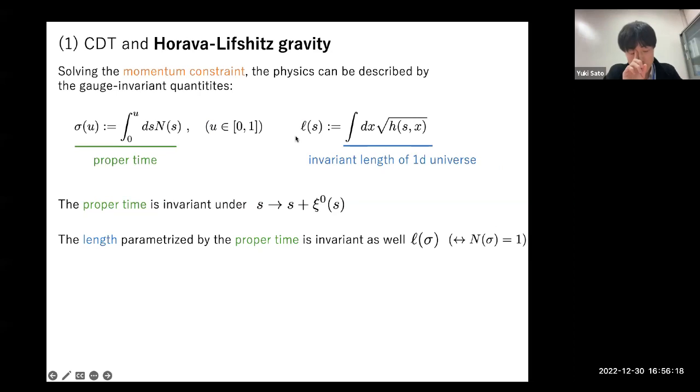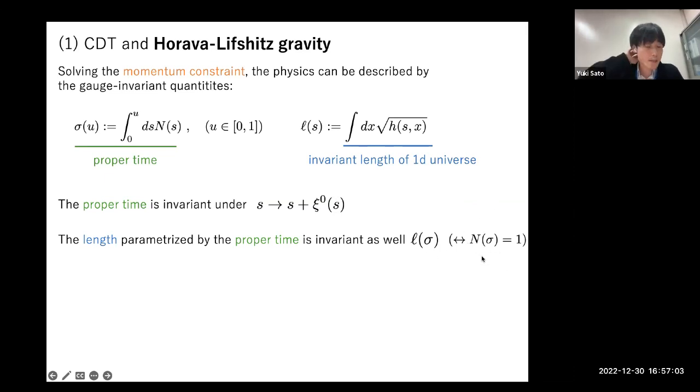The point here is that this proper time is invariant under the foliation preserving diffeomorphism. Therefore, the proper time is gauge invariant. And also, we have the invariant length of the one-dimensional universe. If you parameterize this length by the proper time, like this L of sigma, then this length becomes a gauge invariant quantity as well, invariant under the foliation preserving diffeomorphisms. This can be done just by fixing the lapse function to be 1.